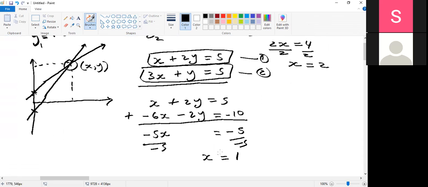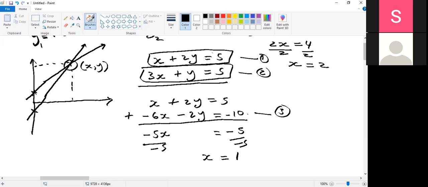All we have to do from here is to just substitute this value for x in the first equation. It could be in the second equation too, right? Any one, so you could substitute for x in this one, or even in this one that we multiplied by negative 2. So we have x equal 1.